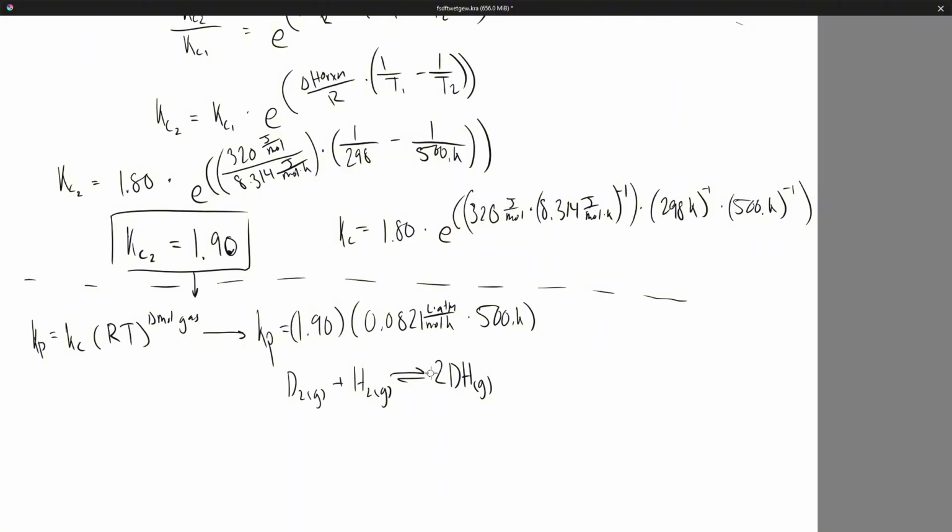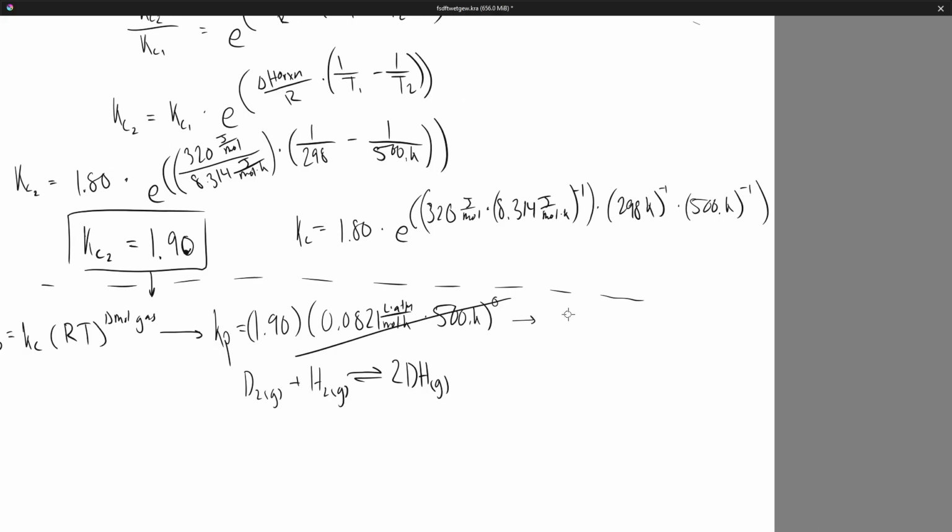You see, there's 2 moles of gas here, there's 2 here, which means in reality our exponent is going to be 0. So we just get rid of this entire thing since anything raised to the 0 power is just 1. So in reality, our Kp is 1.90. That's our Kp right there.